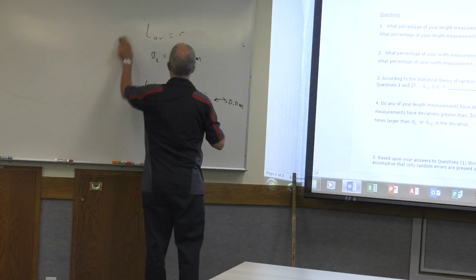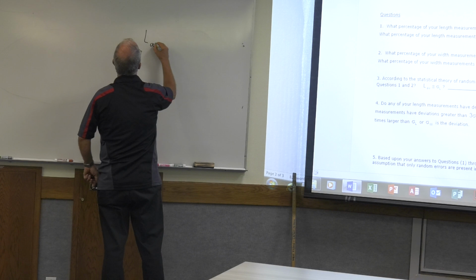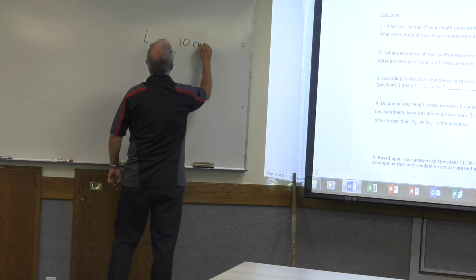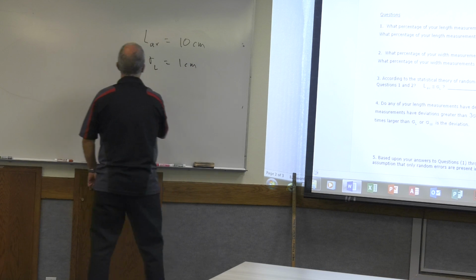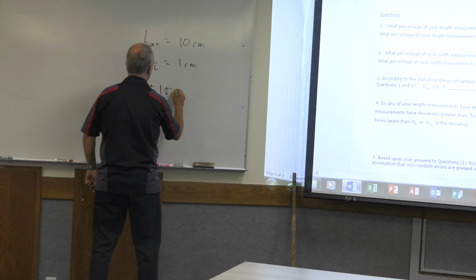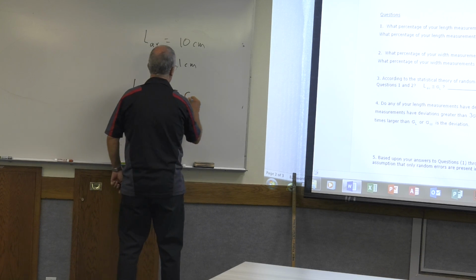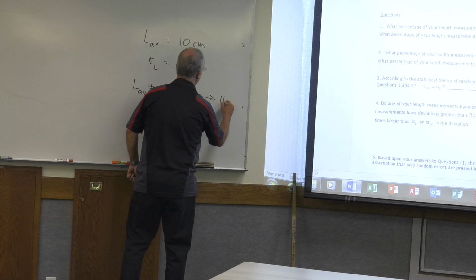Forget it. I'm going to make it easy. L average is 10 centimeters. Sigma L is 1 centimeter. So L average plus or minus 1 standard deviation, what is that? It goes 9 centimeters to 11 centimeters.